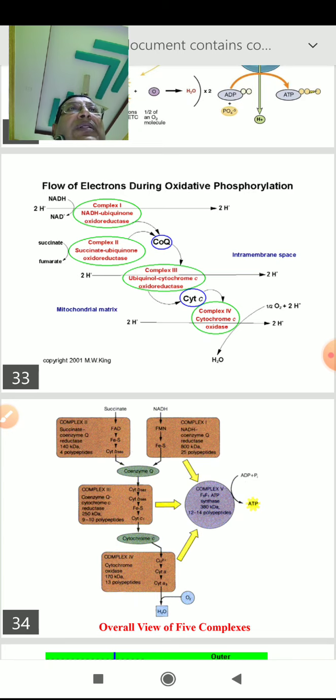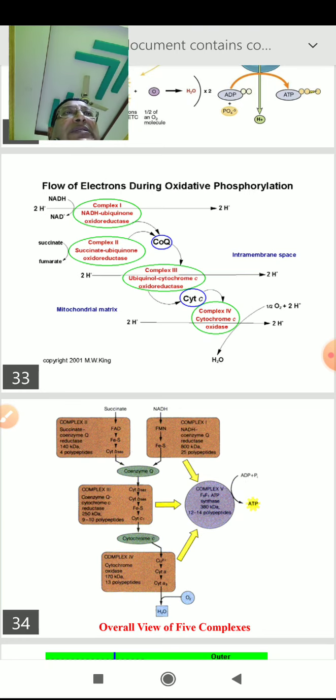Simultaneously, from all these complexes except complex 2, there is a liberation and transport of hydrogen from the M side to the C side. Now these hydrogen protons are forced by a protein known as OSCP, oligomycin sensitivity conferring protein.